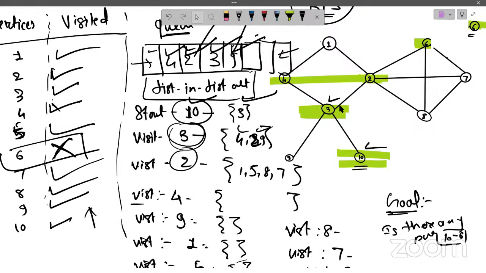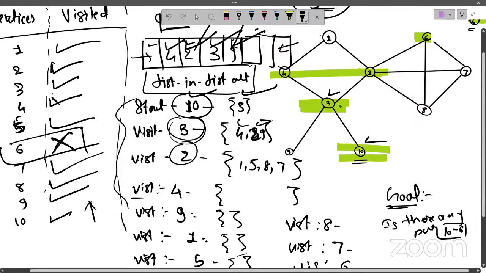No, they won't ask you to do this. They just simply ask whether, using BFS, you are able to find a path between 10 and 6 or not. They won't ask for this whole process. This process is just for your understanding.